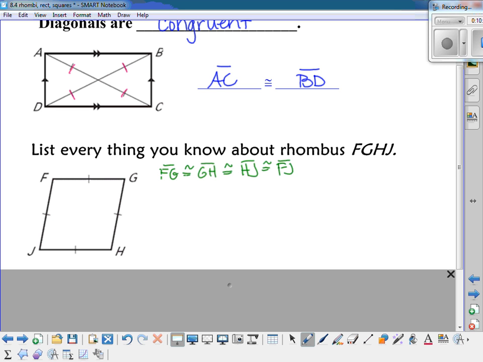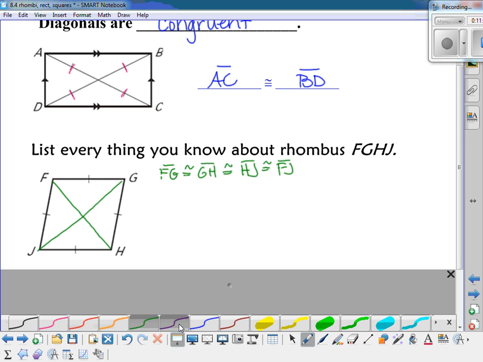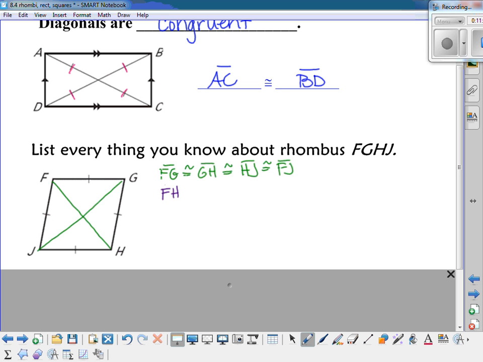All four sides are congruent. I know that if I draw my diagonals here, I know that FH would have to be perpendicular to JG. I'll go ahead and label this point M here.